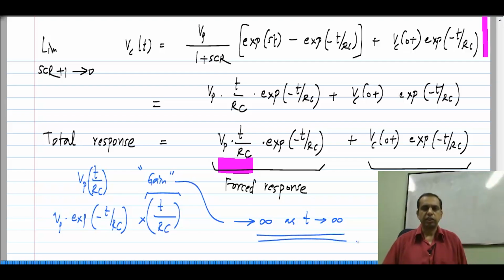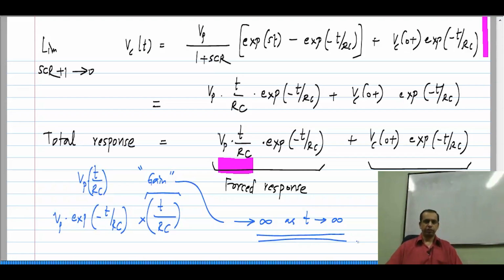Now, this is a general feature that you will see, that if you excite a system with its own natural response, then it will have an infinite gain for that input. A system will have an infinite gain for its own natural response. This will be even more evident when we have sinusoidal inputs and a circuit with a sinusoidal natural response. Then you can see what is known as resonance.